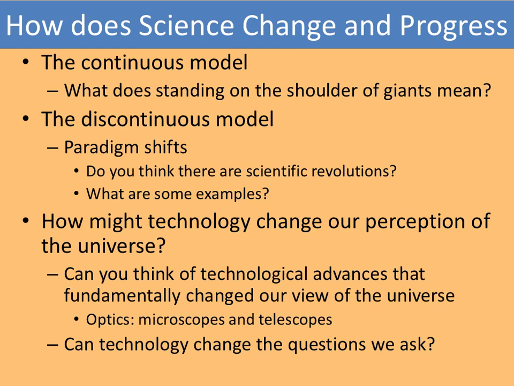And then it wasn't until Einstein came along in 1915 with his general theory of relativity, which is another theory of gravity, that it actually changed, and the difference between Newtonian and Einsteinian gravity is huge. Okay? I mean, it's completely different. So it's kind of like it was a discontinuous model.